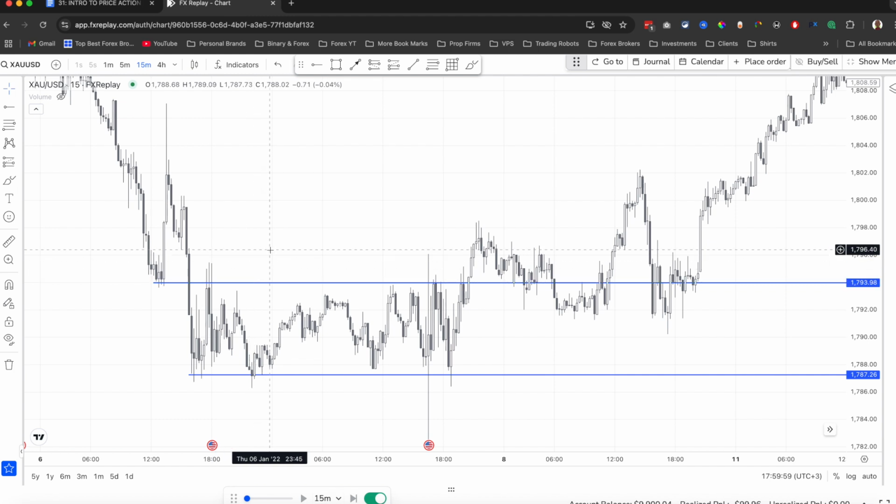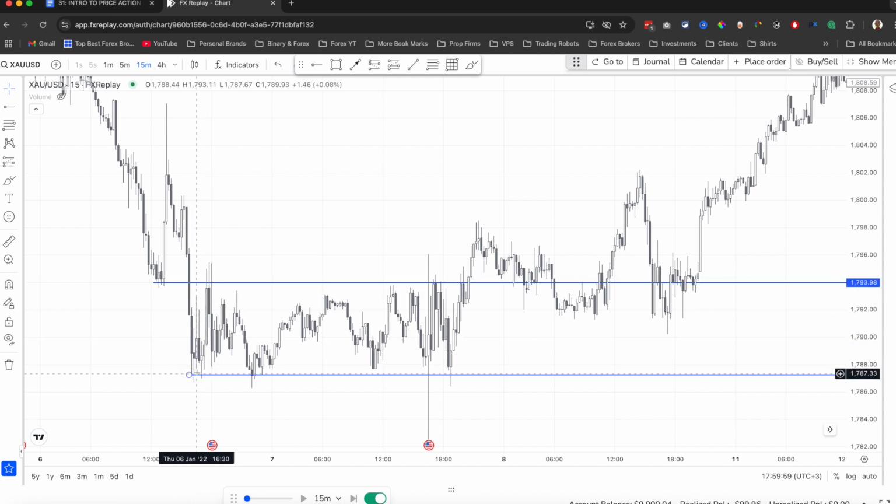Another thing that we are also supposed to look for is the rejection candles, right? If we see 3 or more candles, we see that there is a rejection. Sometimes 2, but 3 or more, there is always rejection. Like this one, there is a rejection.